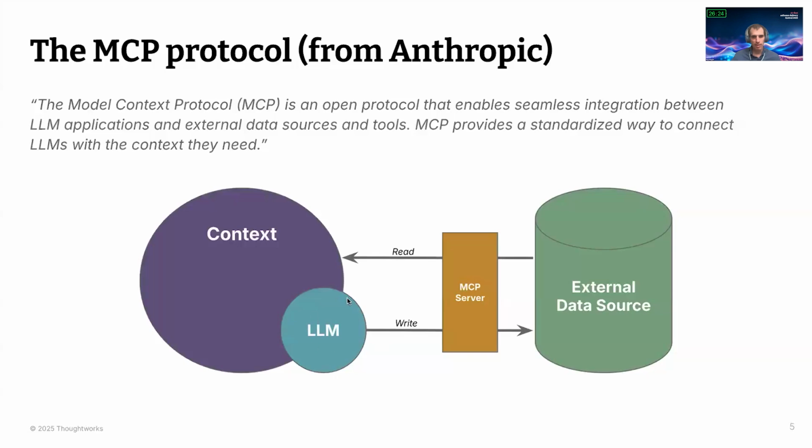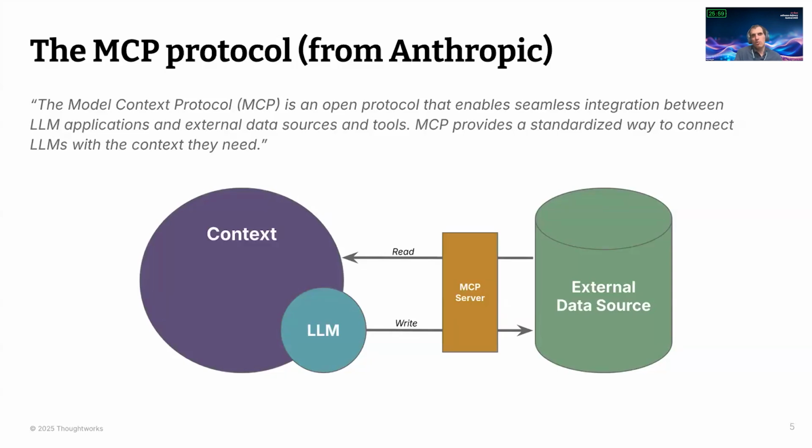So if you think about LLM, which is this small component right here on the bottom of the diagram, the LLM can only generate content based on its original training data, which may be very, very vast, but it will not have much context on your particular situation or your particular domain of interest, which means that it's going to be limited.